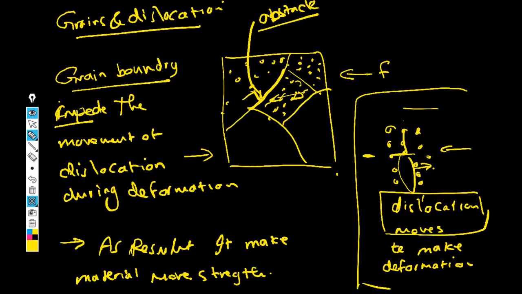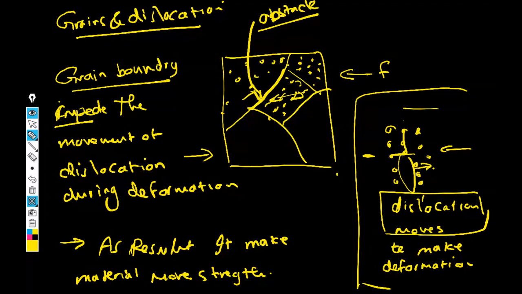Explain how? Because the deformation of the material can be classified under the movement of the dislocation. If you impede or stop the dislocation from moving, you make the material stronger. You get the point? Here we understand the grain boundary is there to stop, to impede, the movement of the dislocation, and that is why the deformation will be less.